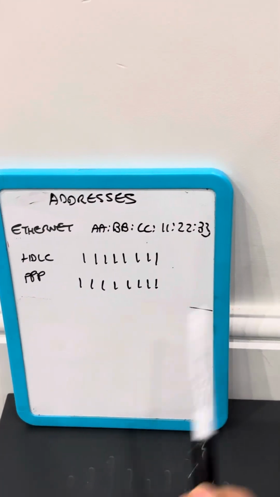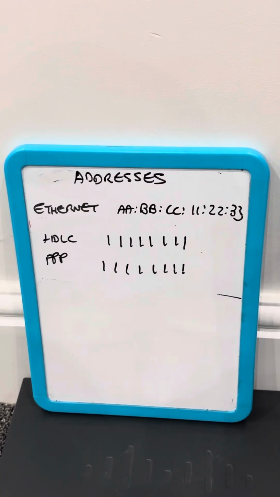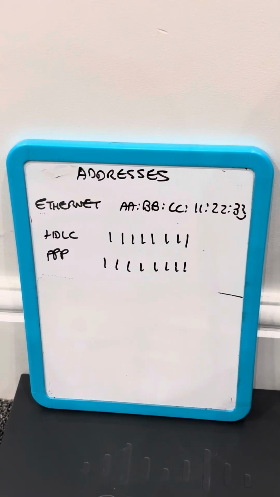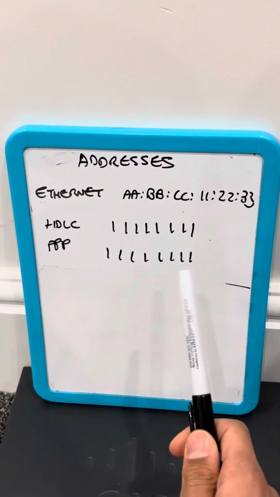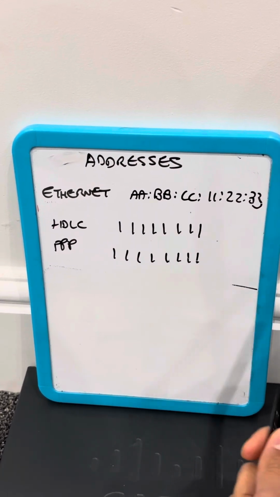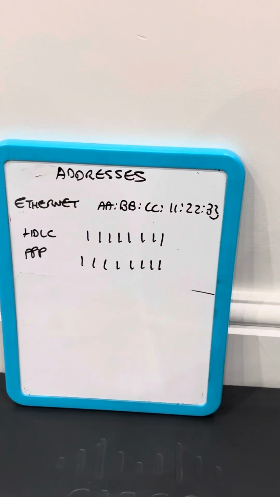Because when you think about it, like I said, it's only going to one place, so there's no need for any fancy addressing here. We turn all the bits on to specify that it's going to the other device, the router on the end of the serial link.